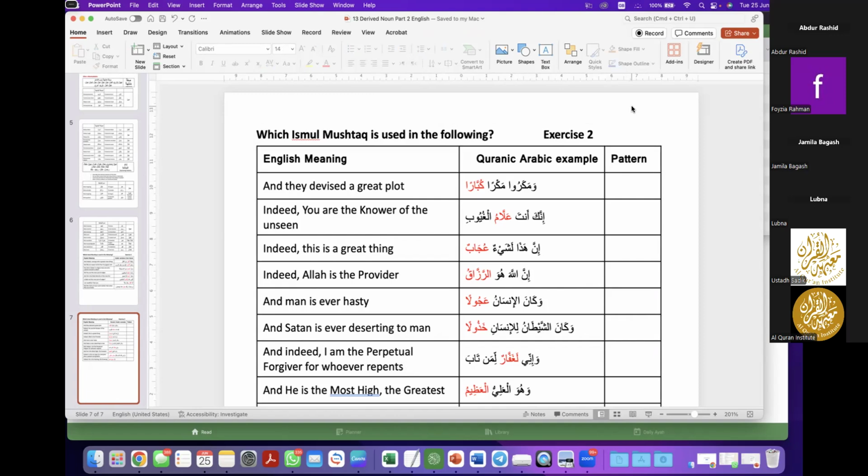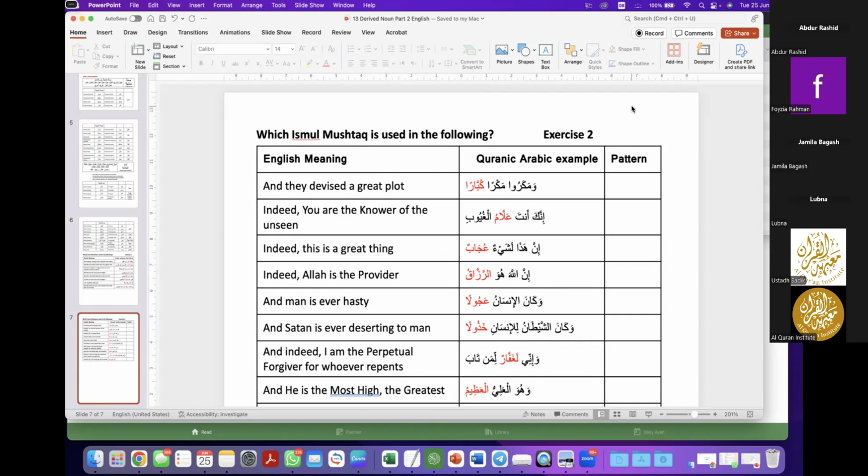Yes. Next one is إِنَّكَ أَنْتَ عَلَّامُ الْغُيُوبِ. Indeed, you are the knower of the unseen. Sister Fawzia, can you do this one, please? It is also sifat mushabbaha, Allamu, fa'alu pattern.